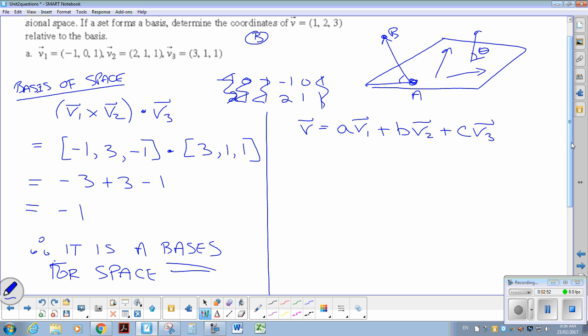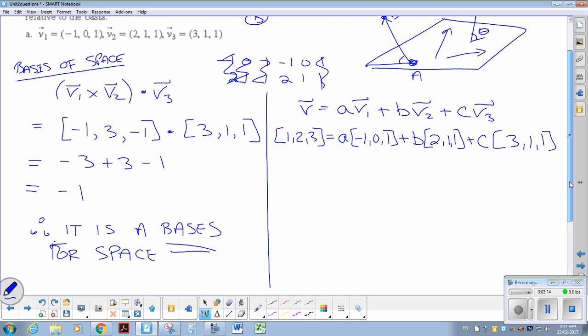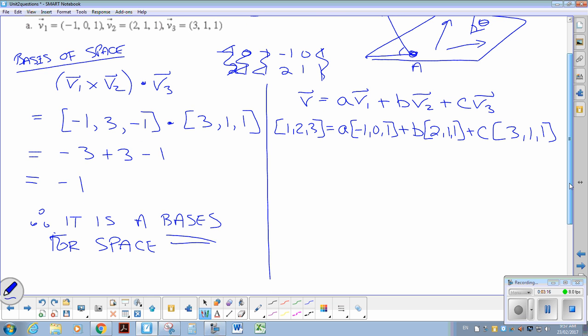Okay, now the tricky part. So vector V is 1, 2, 3, equal to a multiplied by negative 1, 0, and 1. Vector, or sorry, the V2 is 2, 1, 1. And V3 is 3, 1, 1. So now we are going to end up with 3 equations, 3 unknowns.